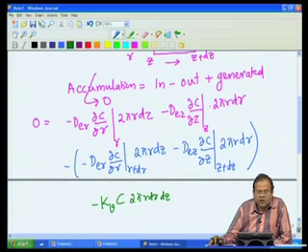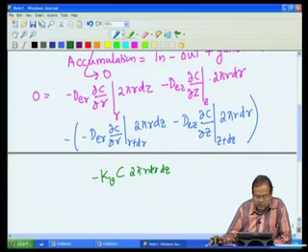In writing in and out, the idea is flux times the area, and for generated it is rate times the volume, because the rate is defined in terms of per unit volume. So, all terms have the same dimensions, namely mass.